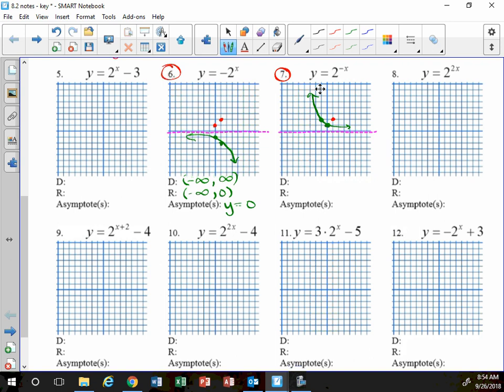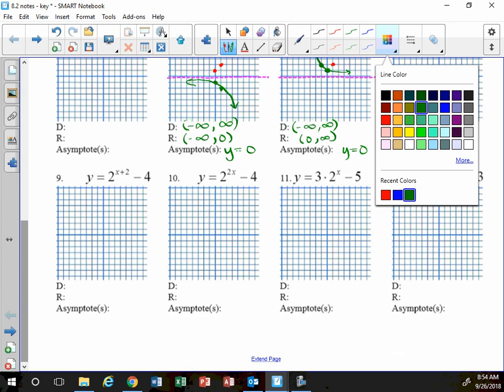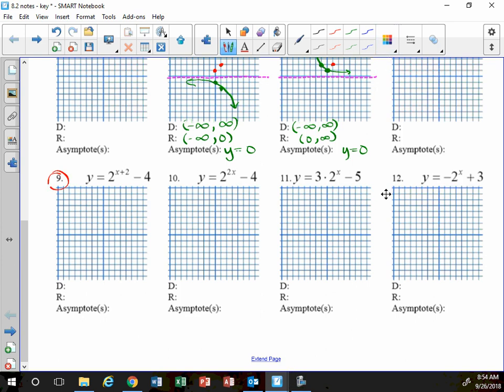So those are the 4 basic transformations. It can be left or right, it can be up and down, it can be reflected over x, reflected over y. I want you to try putting a couple of these together. So let me fill this in real quick. Still 0 to infinity. Okay. Try for me number 9 and number 11 and 12.